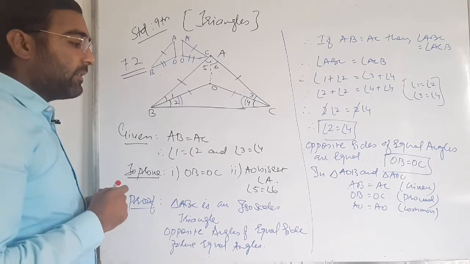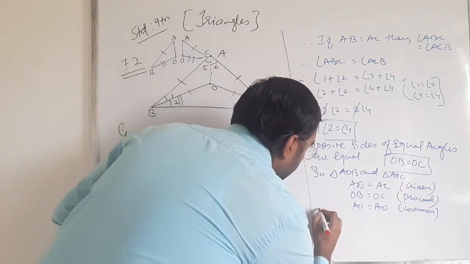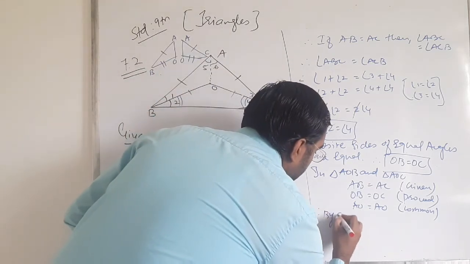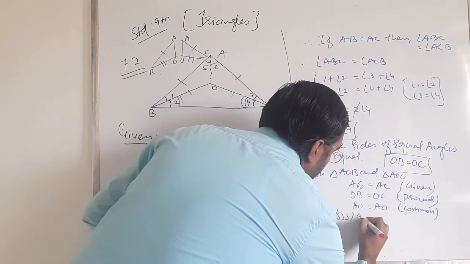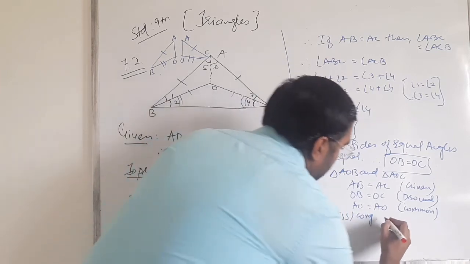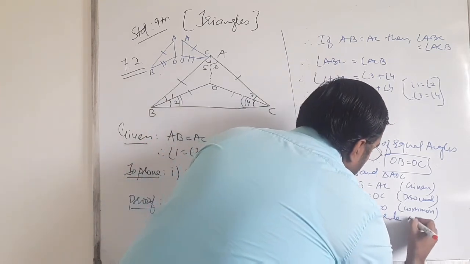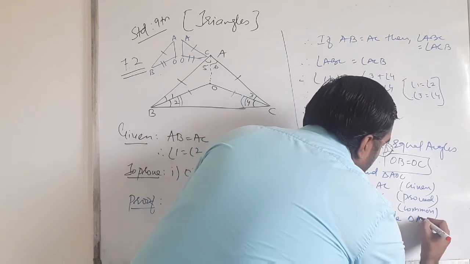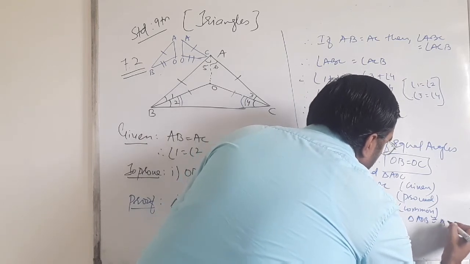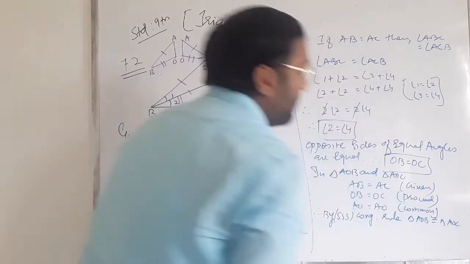So by the SSS congruency rule, triangle AOB is congruent to triangle AOC.